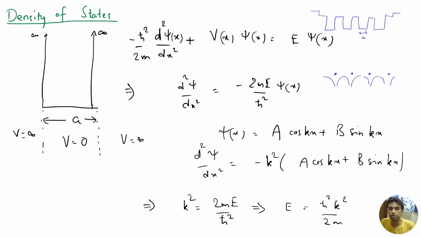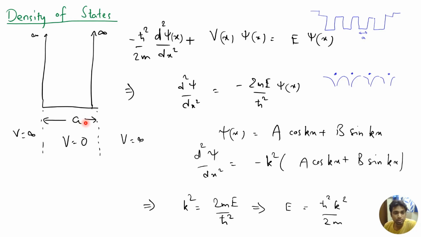Let's say this is A. So we are going to look at a particular well and say that this well is very deep, so deep that from here the height can be thought of as infinity with respect to this A. Remember that this A is of the order of a few angstroms because it is the atomic length scale.